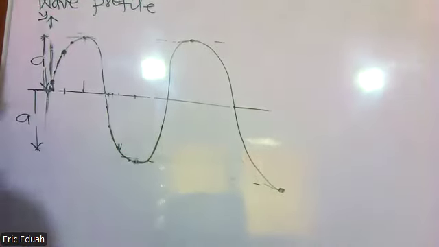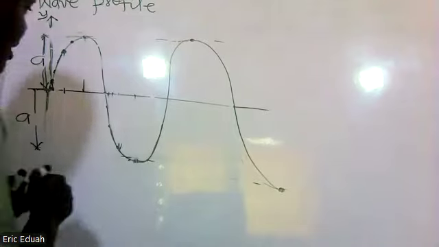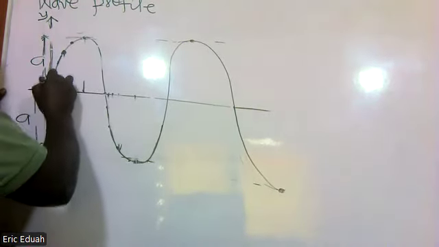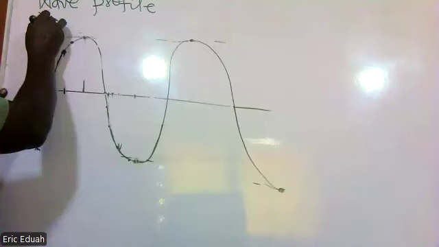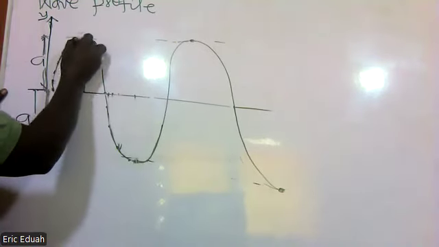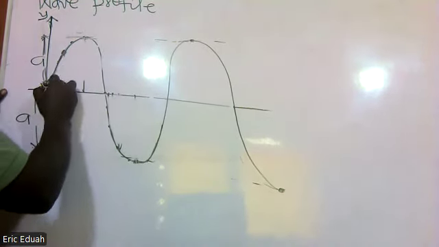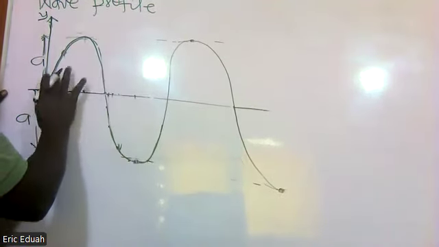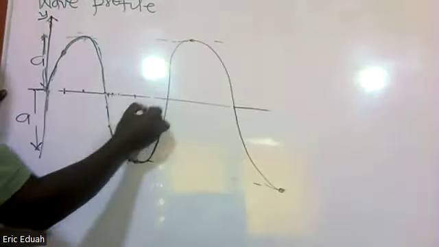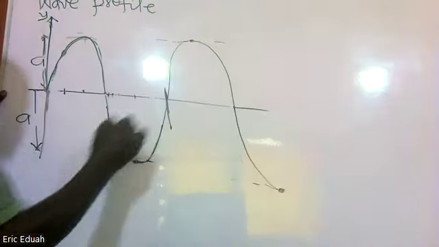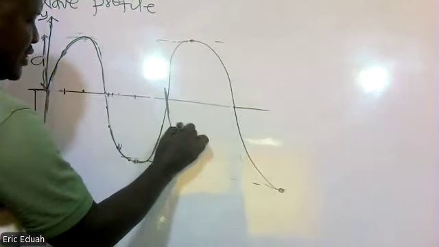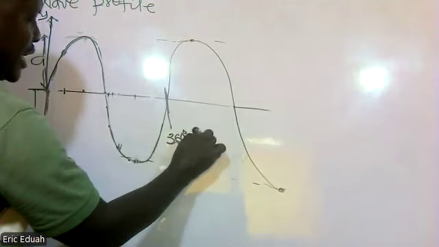So this is a simple harmonic wave. A complete oscillation is equal to an angle of 360 degrees or 2 pi radian. So this is equal to an angle of 360 degrees or 2 pi.